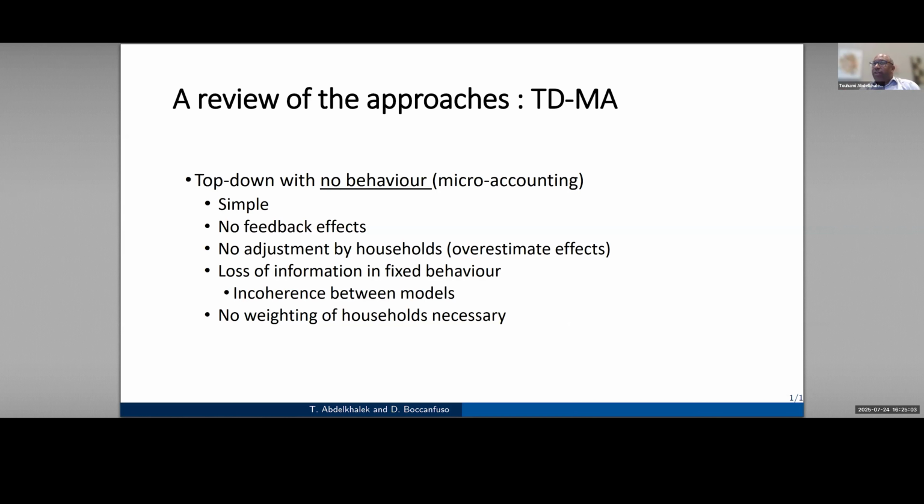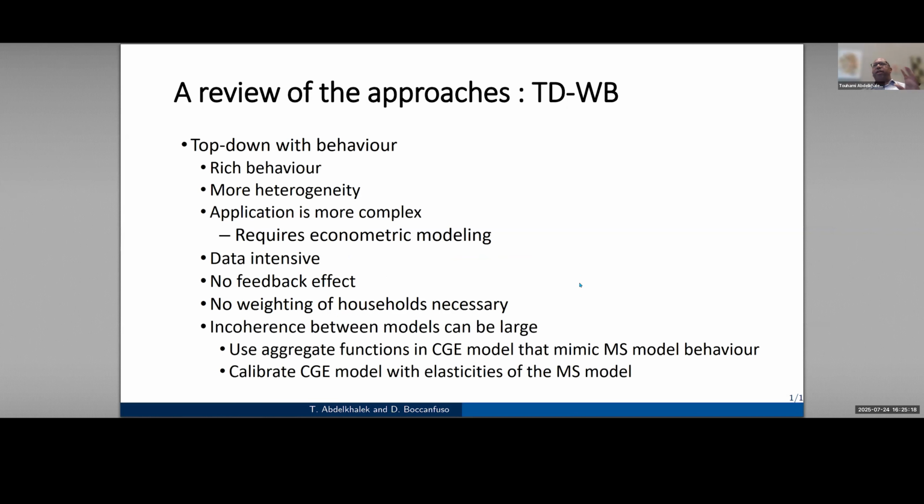There is a loss of information because we consider a fixed behavior, and generally there is an incoherence between the two parts of the model. We have no need to extrapolate, etc. It's one approach.